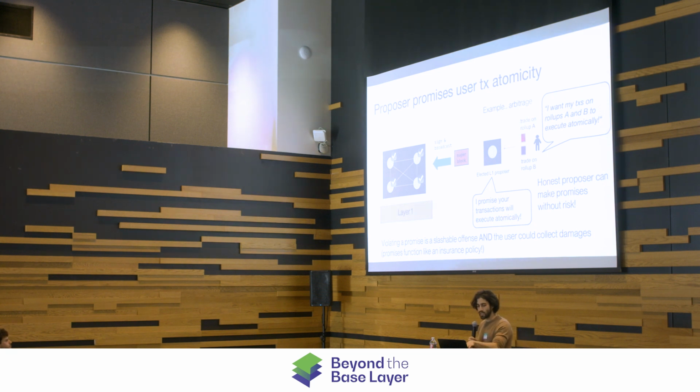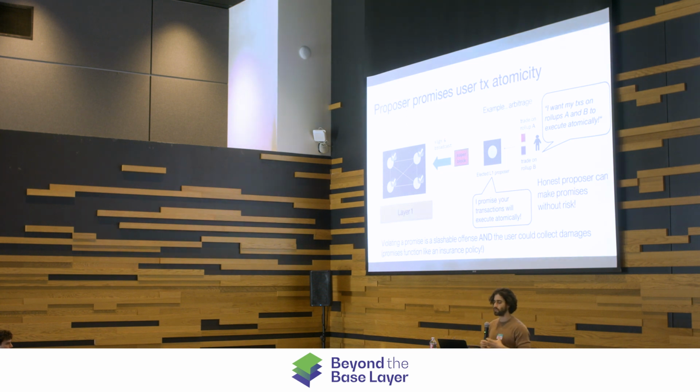So let's call this the elected L1 proposer. If a user wants to take advantage of arbitrage between an AMM on rollup A and an AMM on rollup B, an automated market maker, and says, I want my transactions on rollups A and B to execute atomically, then this elected L1 proposer can promise that it will do that to the user, maybe in exchange for a tip.